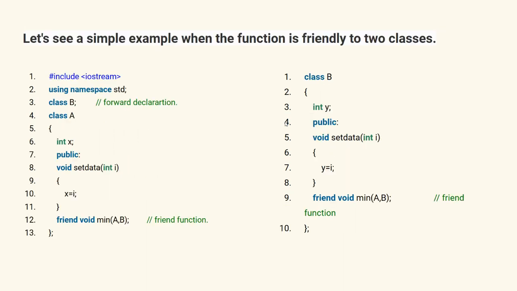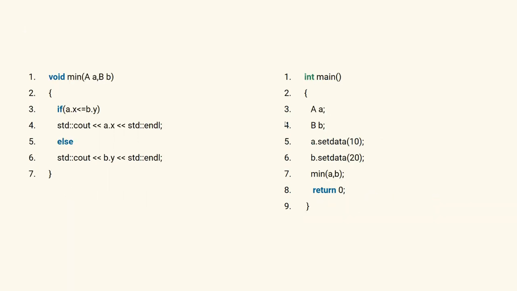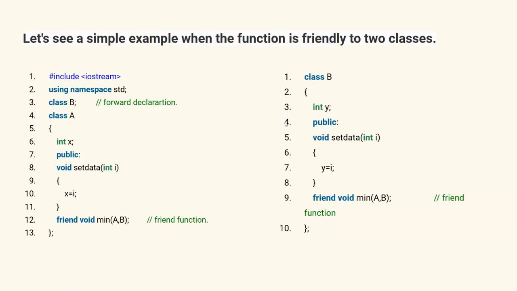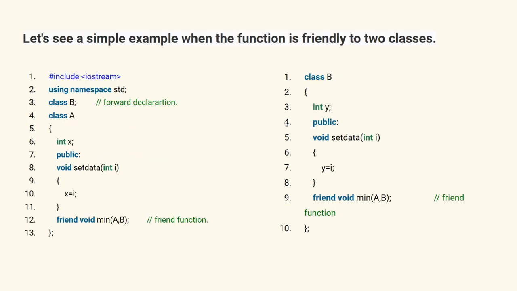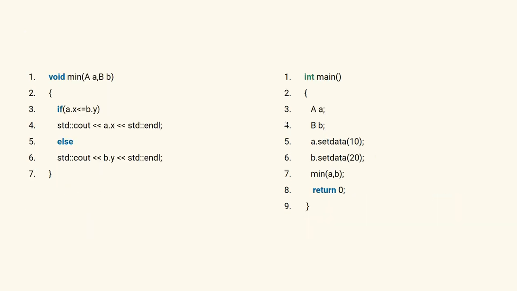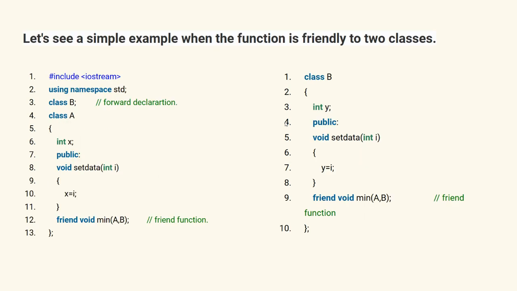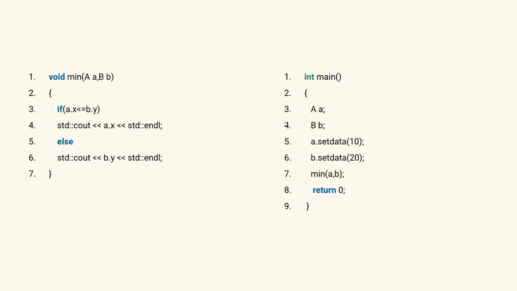Capital A small a means you are creating an object of class A. Capital B small b means you are creating an object of class B. By using those objects, you access the public function setData, and you are calling min of a comma b.